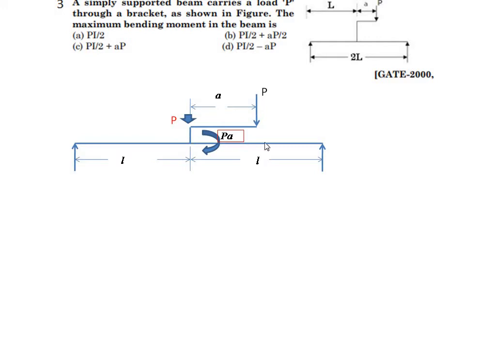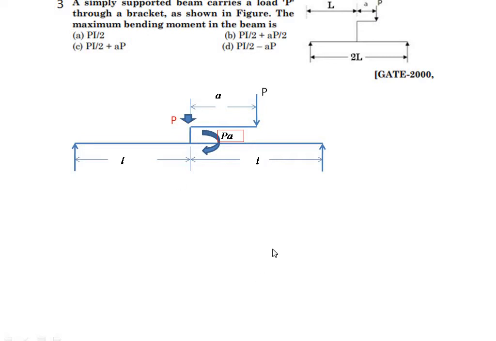So instead of the load acting on the bracket, now you can assume a force of P as well as a moment PA in the clockwise direction acting exactly at the center.